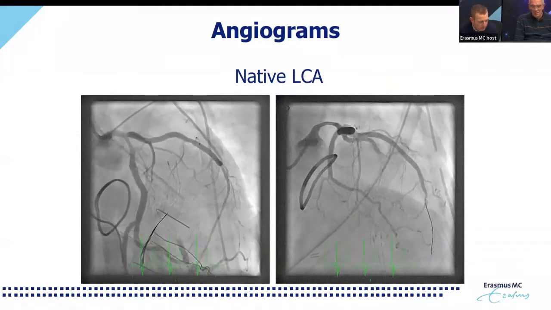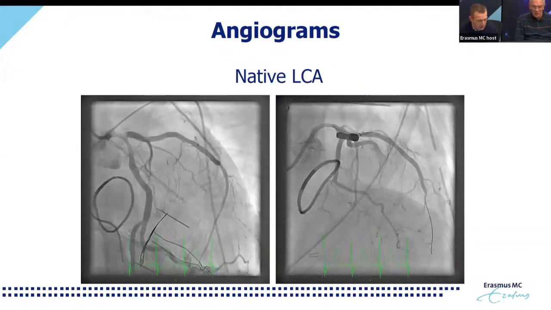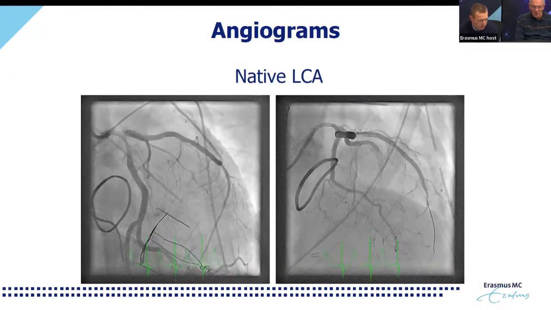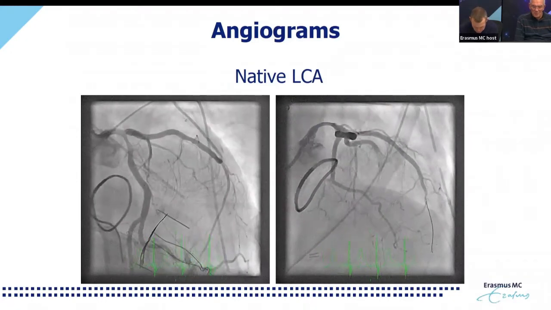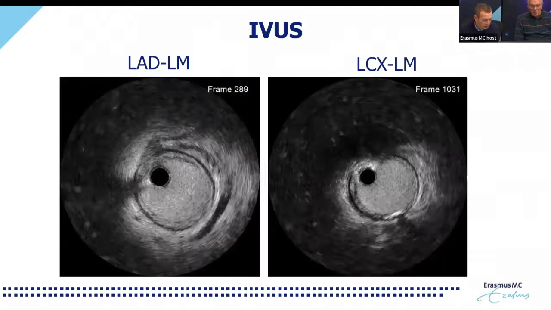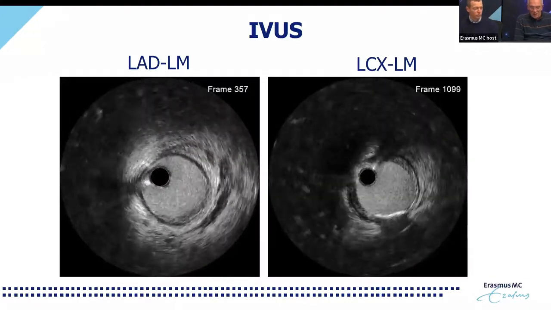But in this case, we continued with an intracoronary assessment with IVUS to check how this vessel was tortured from the outside and what the respective consequences were to the inside.